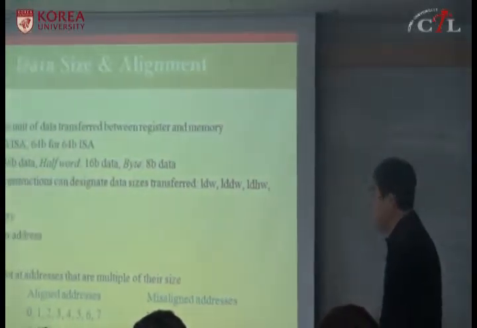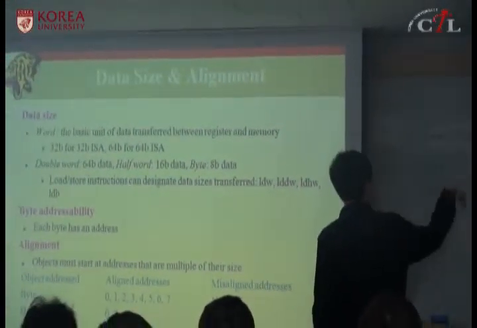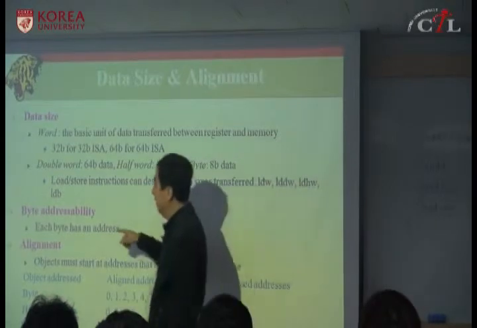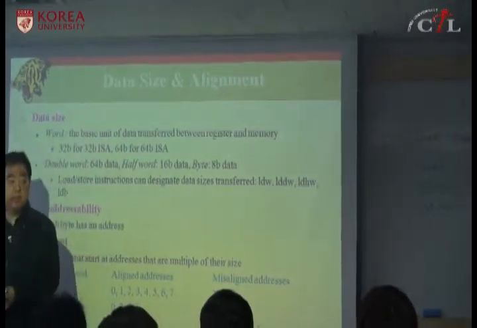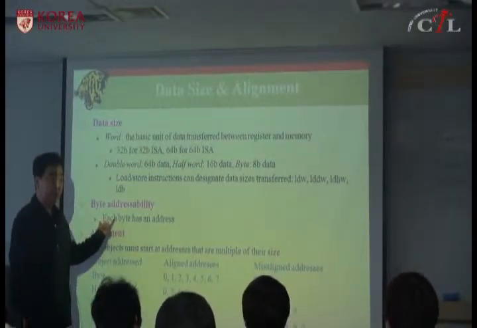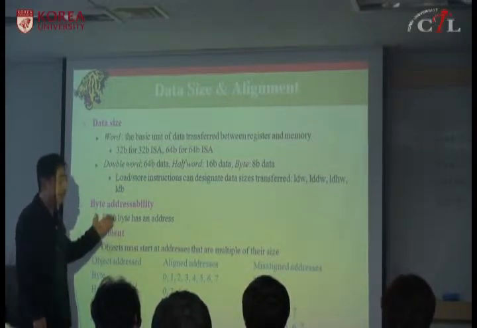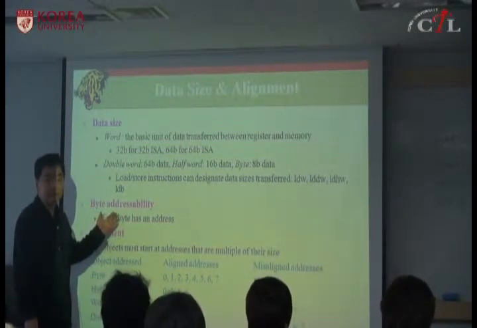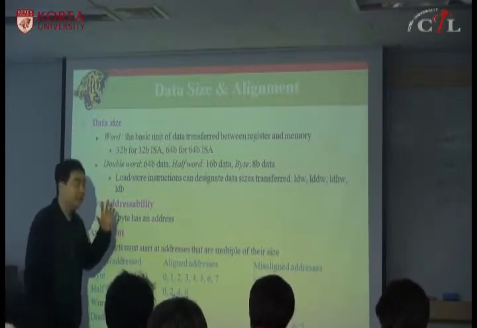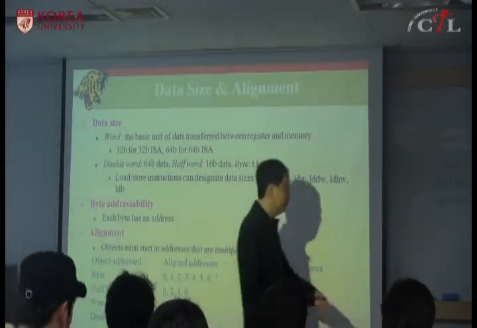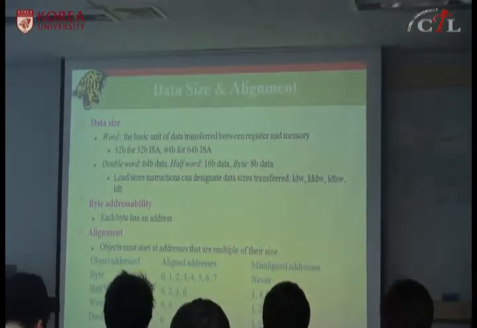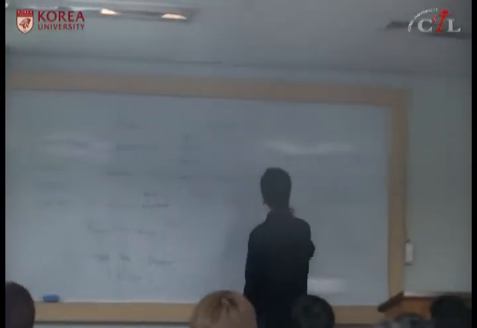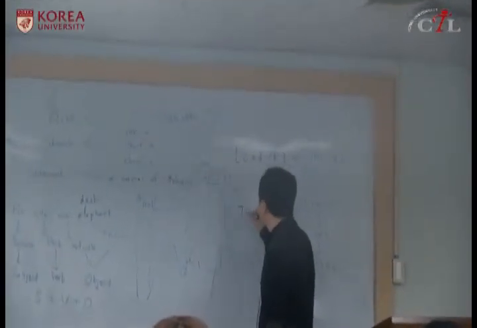Byte addressability means every memory location has an address and each location has just 1 byte. Each byte has an address. This is called byte addressable. One of the earliest computers was called the IAS computer.